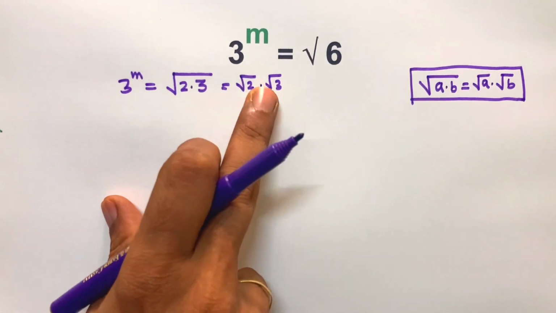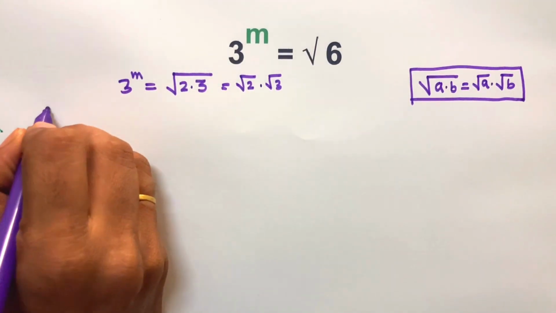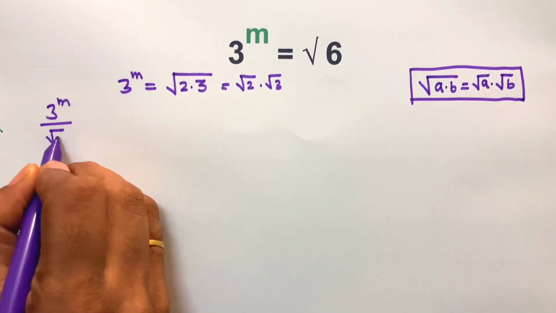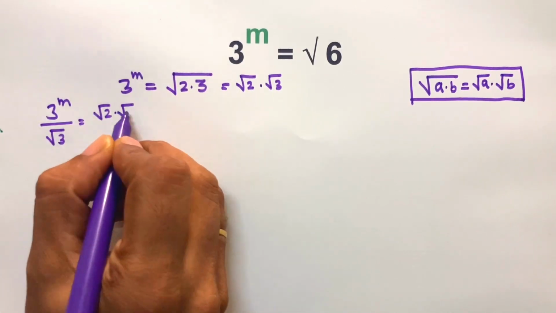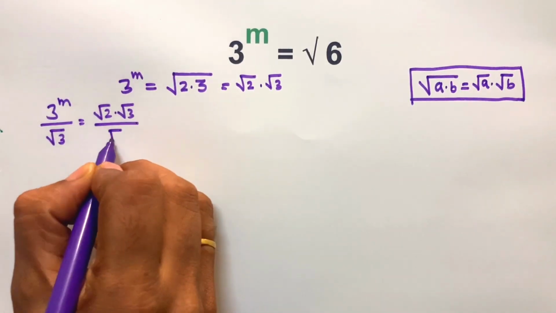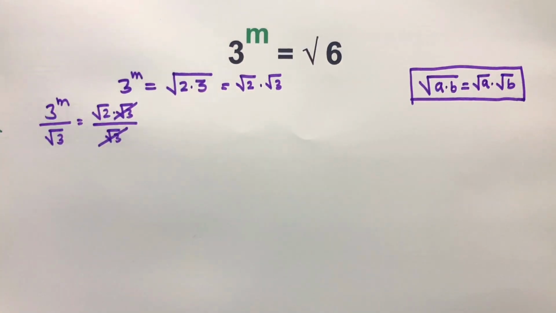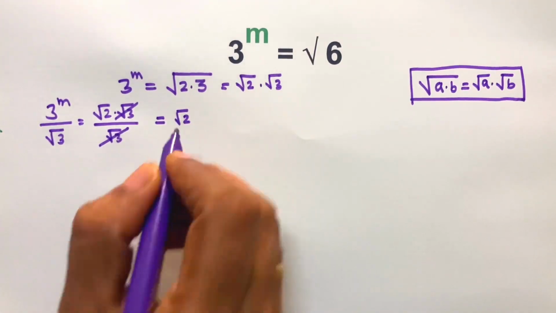Now divide square root of 3 on both sides. This simplifies to 3 to power m divided by square root of 3 equals to square root of 2 multiply square root of 3 divided by square root of 3.